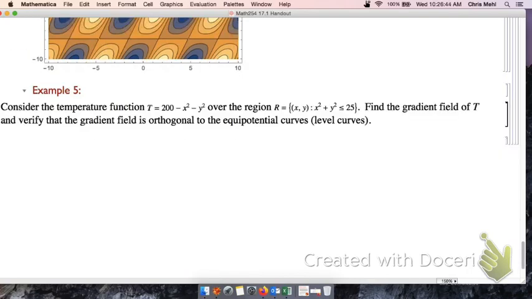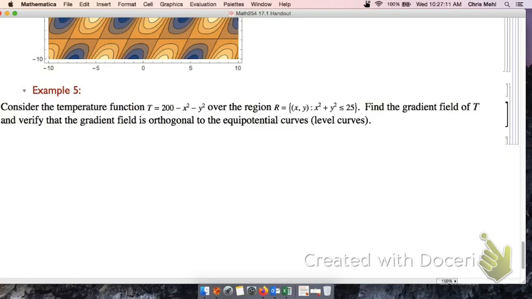So if I consider a temperature function, capital T equals 200 minus x squared minus y squared, over the region which is everything inside and on the boundary of a disk of radius 5, we're going to find the gradient field of T and verify that the gradient field is orthogonal to the equipotential curves, which are just level curves.